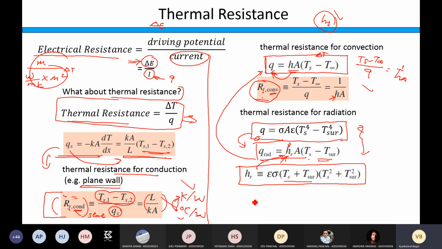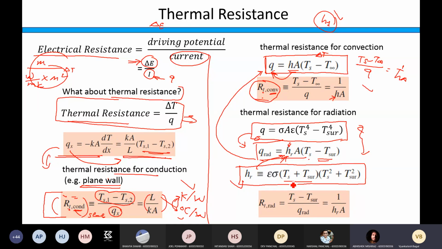So sir, do we have to remember the value of h_r that you have enclosed in the box? Yes. Without this expression, you cannot simply do this, no? You should know this expression for the radiative heat transfer coefficient h_r.